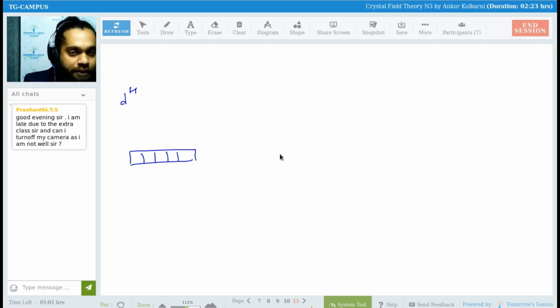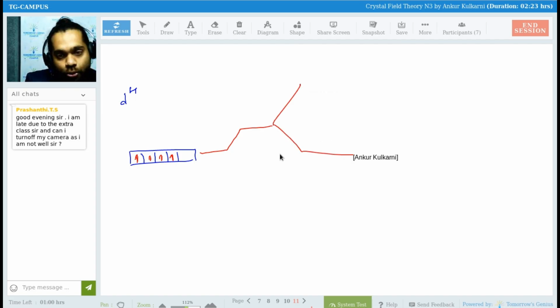Now over here I want everyone's focus, this is important. d4. What has happened again? The ligand has approached and gone higher in the energy. Then it split into two, that is T2G and EG.